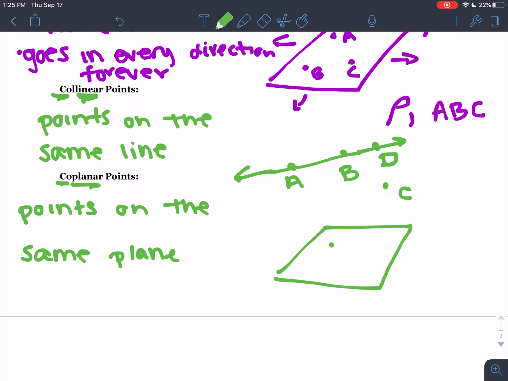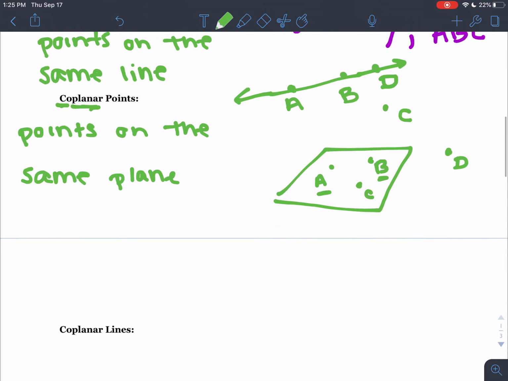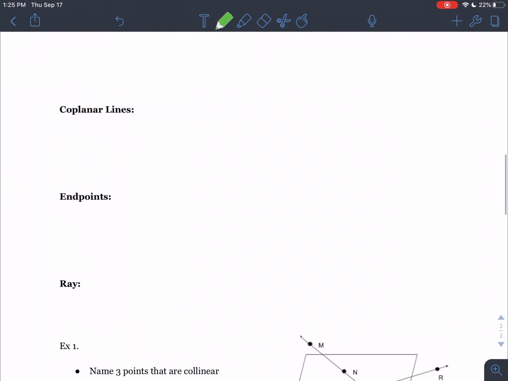We can draw points on it. Call that A, B, C. But if I draw a point over here, D is not coplanar with A. D is not coplanar with B. But A is coplanar with B because they're all on the same plane. Coplanar just means points on the same plane.